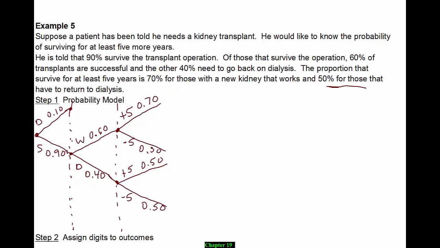So, if we want to do simulation, we've got to assign digits to outcomes. So we're going to go ahead and call this first partition stage 1, just so we have a name for it. The second one stage 2, and the third one stage 3, so we can assign digits. So stage 1 is either surviving or not surviving the original operation.